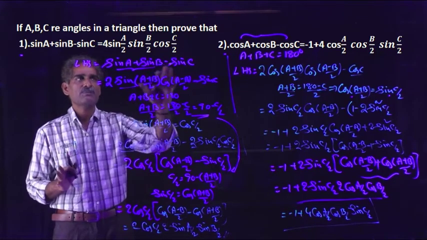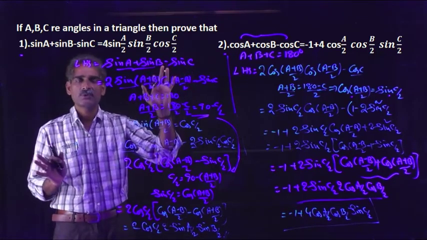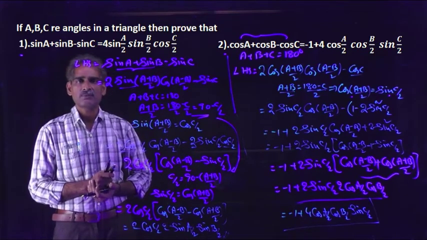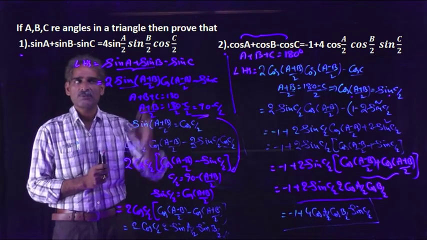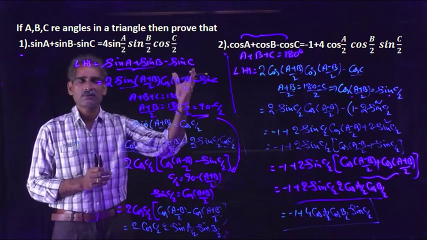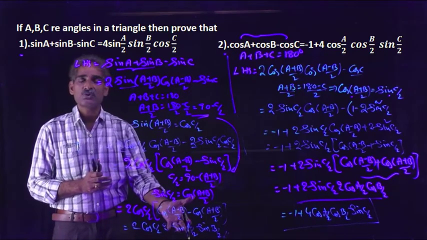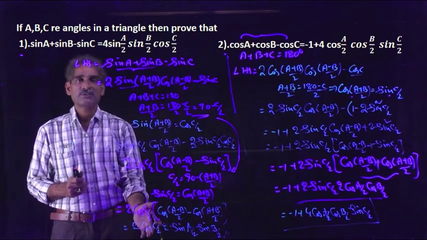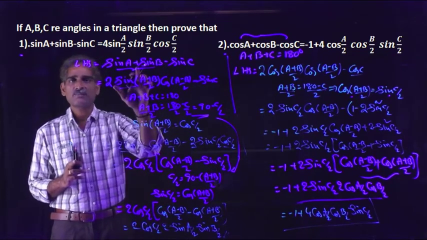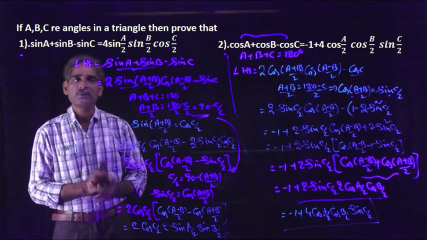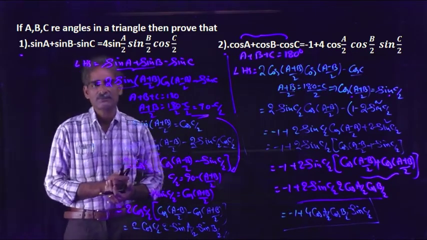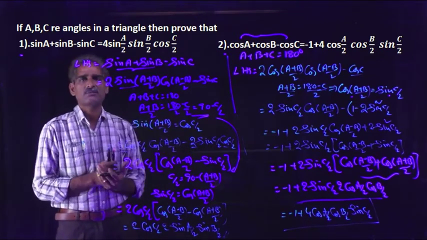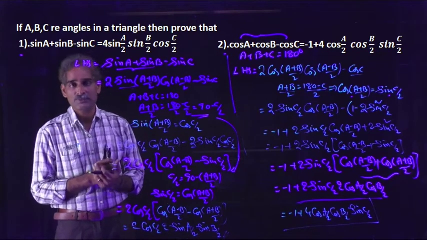If sin a plus sin b plus sin c was given, what will be the change in the required one? We can observe the required thing. If all are positive, then we will get 4 sin a by 2, sin b by 2, sin c by 2. If minus is at c, we are getting cos only for c. If minus is at b, we will get cos at b. If all are positive, we will get all 4 sine functions. In this way you can remember for any structure with the condition a plus b plus c is 180.